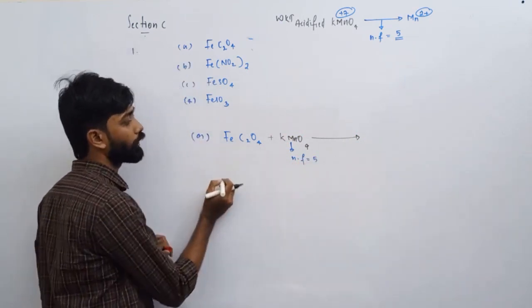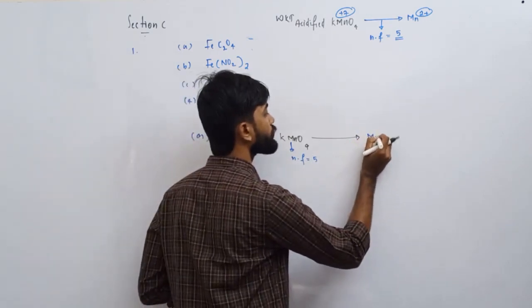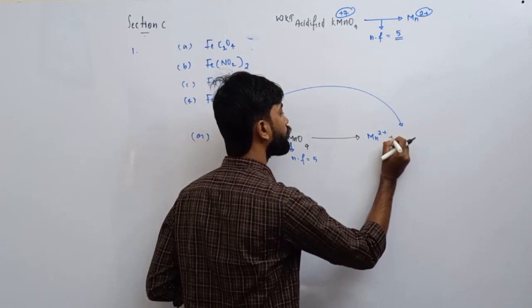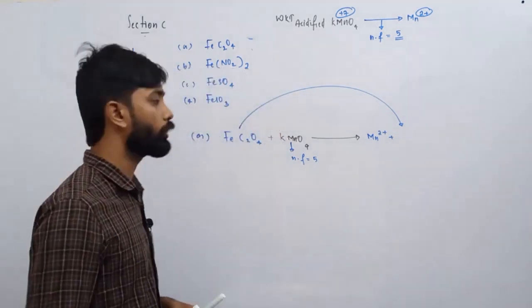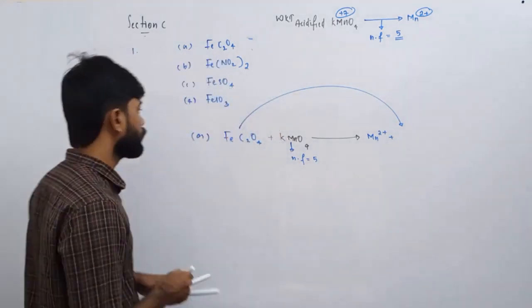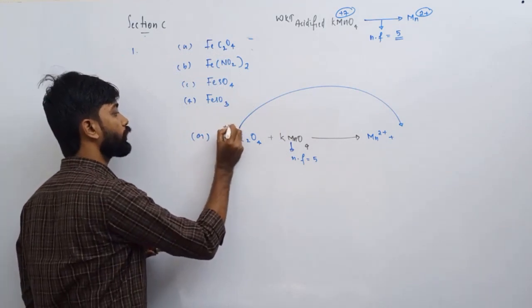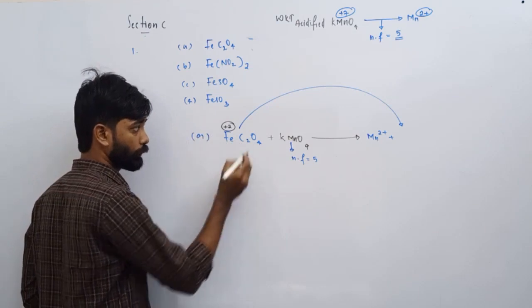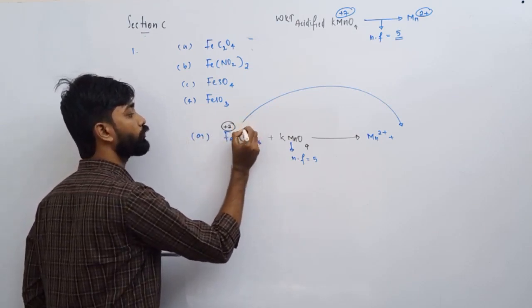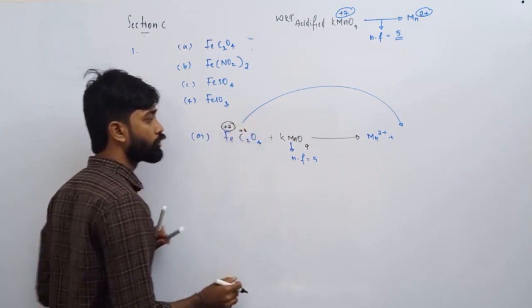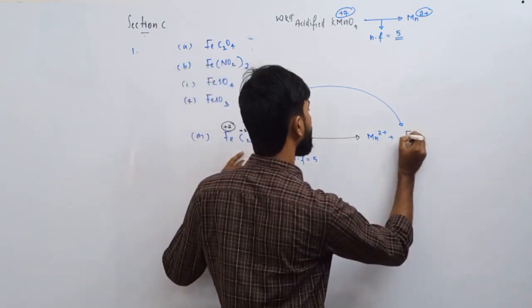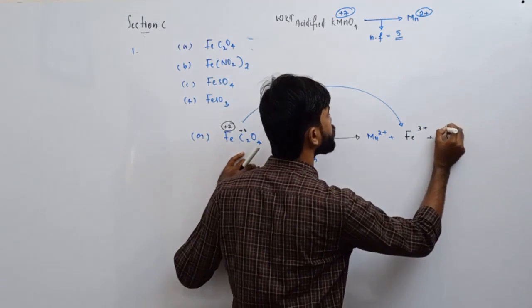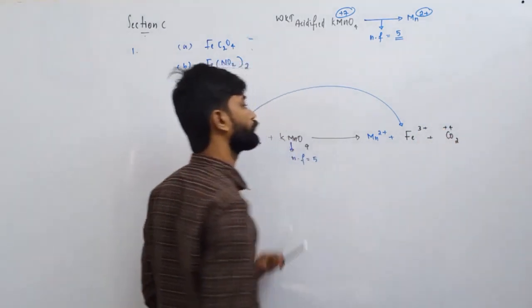KMnO4 turns to Mn2+. Agreed? What about ferrous oxalate? There are 2 chances for oxidation, because there is a chance for the oxidation of iron, which is in +2, and a chance for the oxidation of carbon, which is in +3. So the expected products are iron oxidizing to +3 and carbon oxidizing to carbon dioxide, +4, right? Yes.